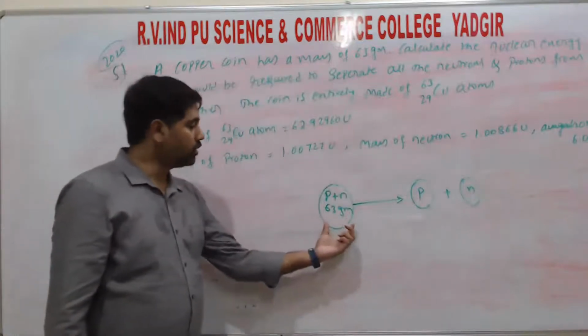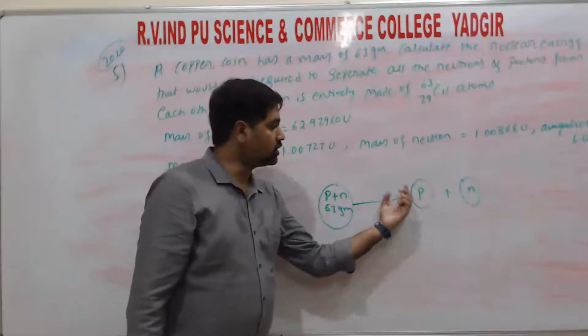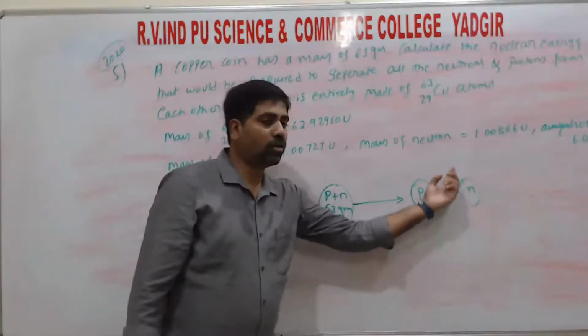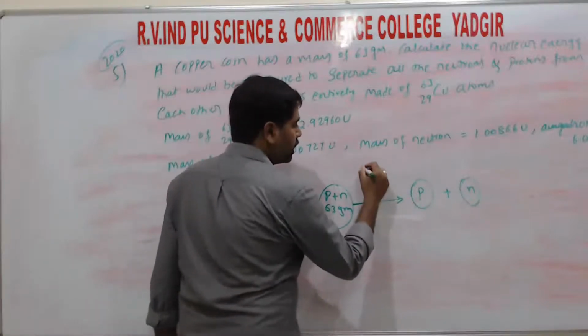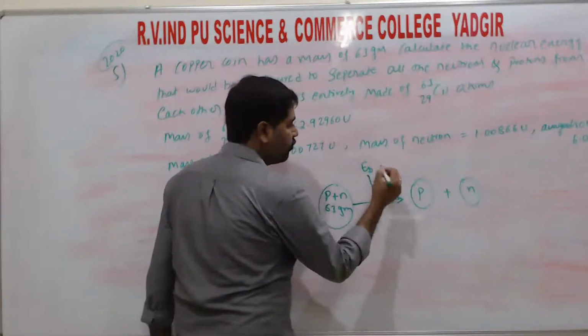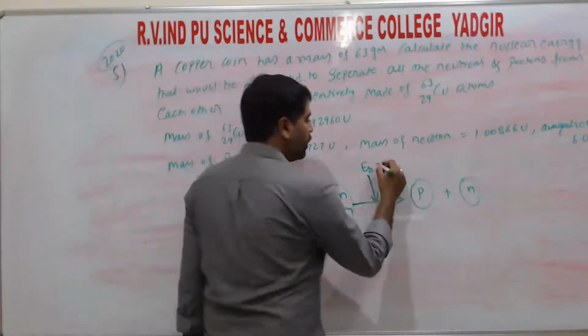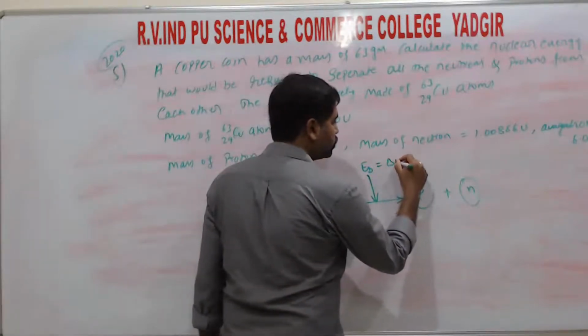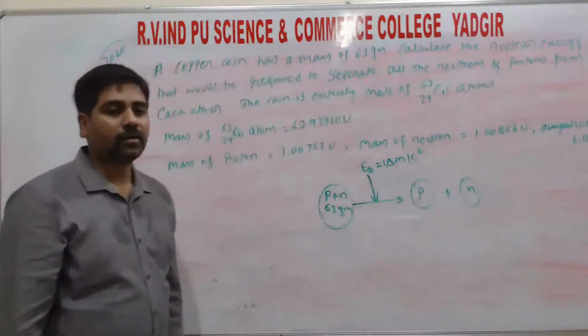So we are breaking this copper into separate nucleons, one consisting of only the protons and the other only the neutrons, right? So for that we require some energy, right? So that energy is what? That is the binding energy, right? So for that we have the formula E B is equals to delta M C square, right?